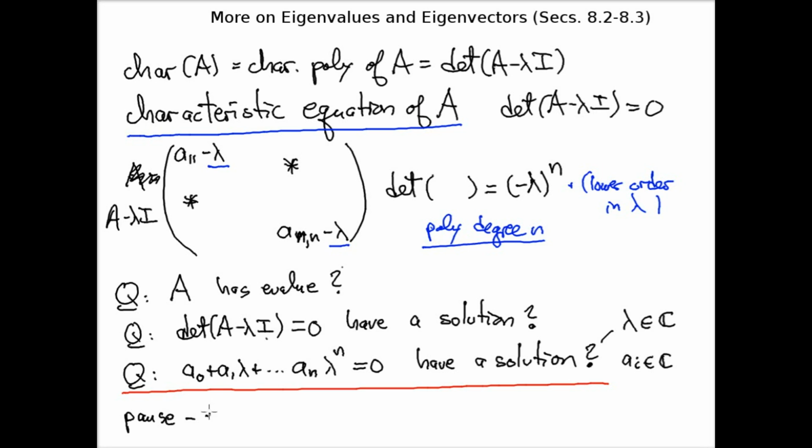So, for example, lambda squared plus 1. Does that have a solution? Well, if I was talking about real numbers, it wouldn't, but for complex numbers, the answer is yes. Lambda is equal to plus or minus i. So there's a hope for complex numbers. There's certainly no hope for the real numbers. But if I allow complex numbers, this is possible. So why don't you pause and think about that for a moment, and we'll come back and say what's true.